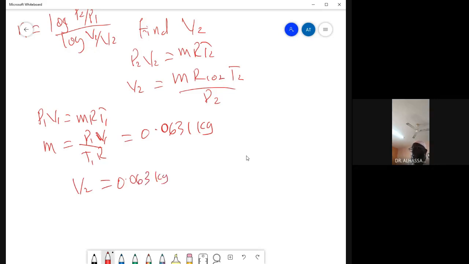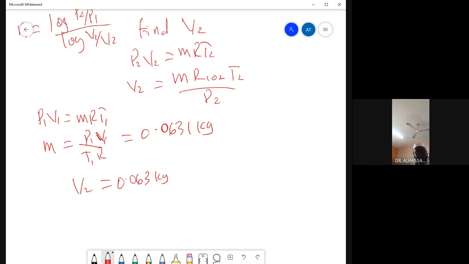So now our V2 gives me M, 0.063 kilogram, times the ideal gas constant for carbon dioxide. It should be in the property table. Let's see, we have oxygen here, carbon dioxide, carbon monoxide, yes, carbon dioxide is here.